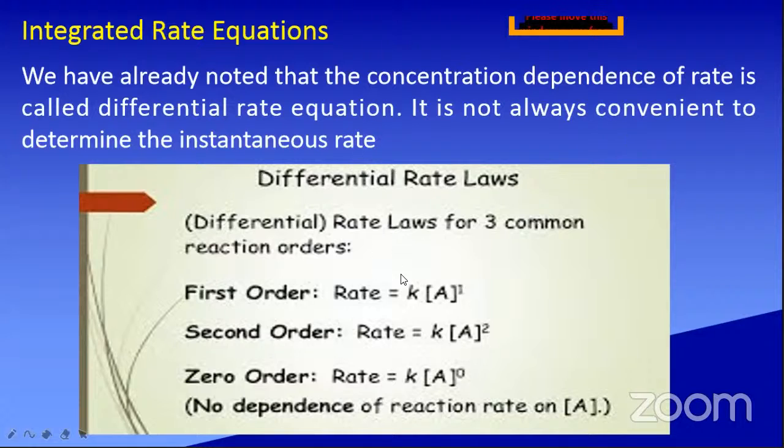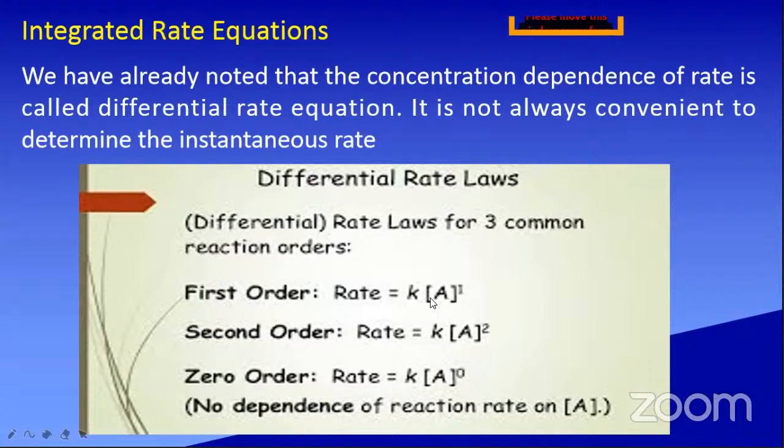But in general we can derive the rate for zero order, first order and also second order reactions. We will see how. What is order? The sum of the powers of the concentration terms in the rate equation is called the order.